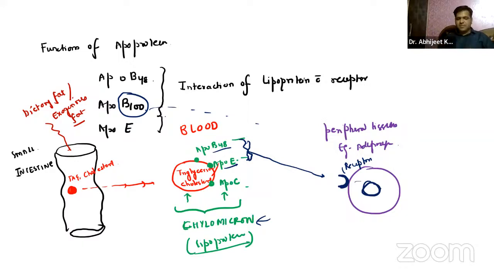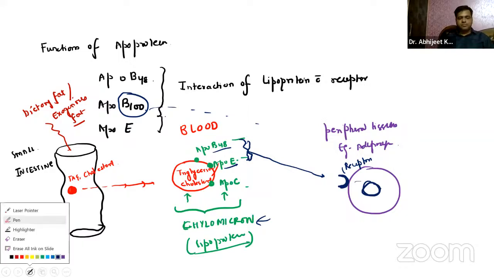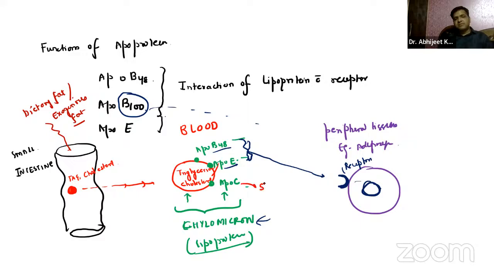Apart from that, guys, remember ApoC. Remember the function: it stimulates the LPL, the lipoprotein lipase. Now this lipase will break the chylomicron.